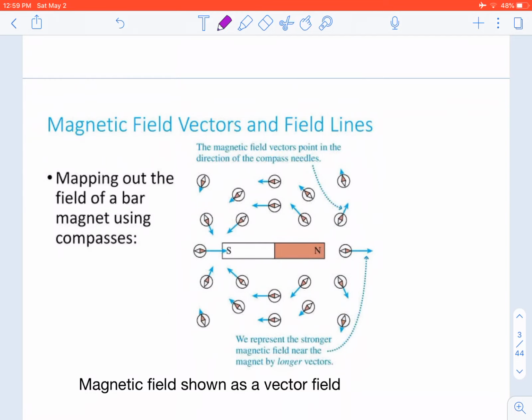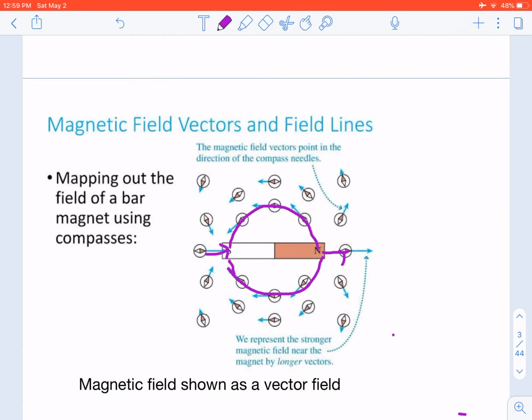But also, if we try to track it, here you've got a line going that way, and here as you're going from north you see how the magnets are aligned and you're moving in that direction.